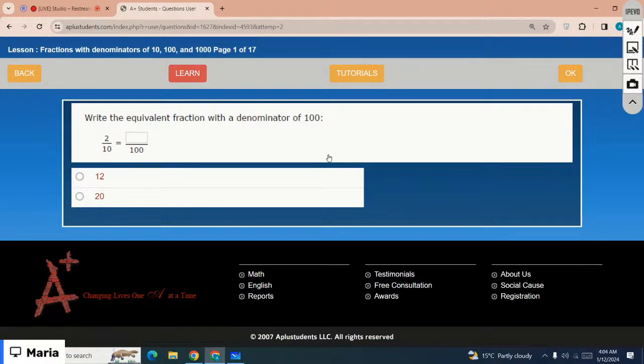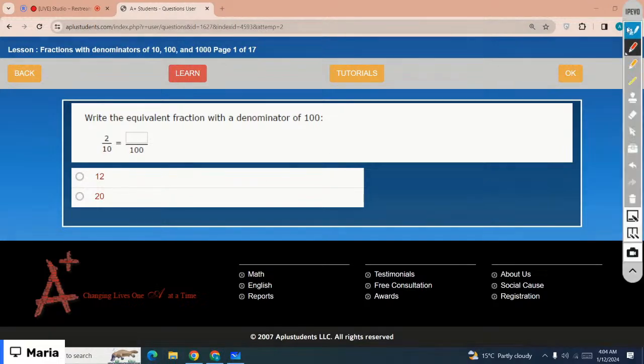2 over 10 equals the missing number over 100. So which number is missing? You have 2 over 10. Here you have 100. 10 times what number is 100? 10 times 10 is 100, right?